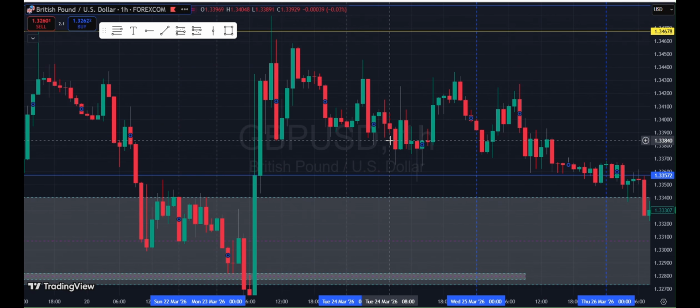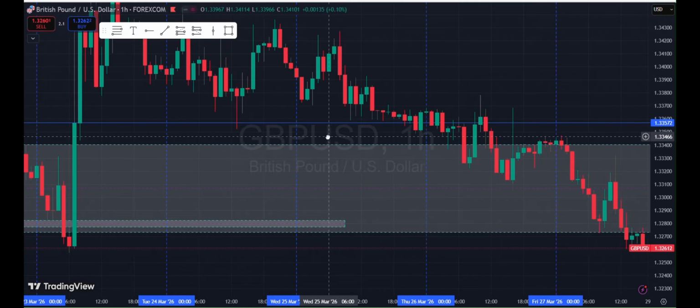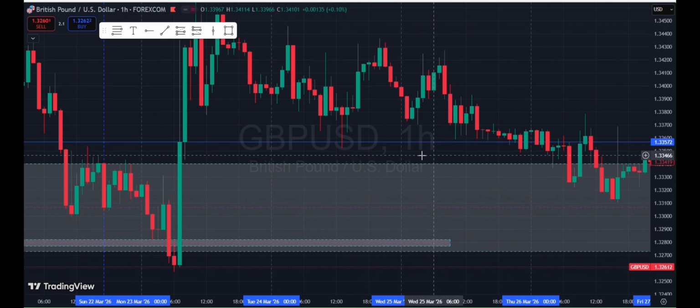So the first draw on liquidity target was hit for both British pound USD and US Tech. Liquidity above was taken, but price never continued higher. It reversed, which led to the downside liquidity being taken by price.